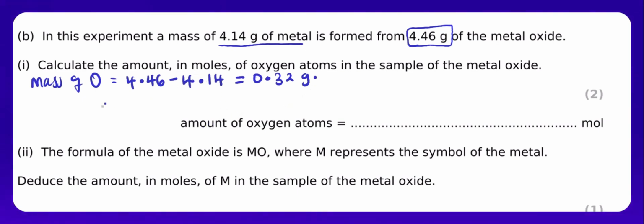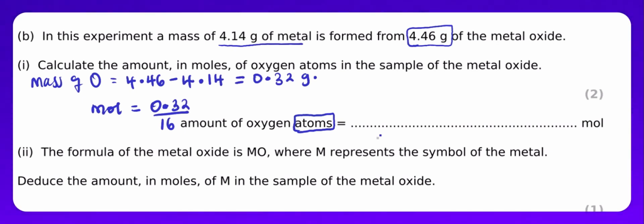The number of moles will be equal to the mass, which we already have, 0.32, divided by 16. The reason we are dividing by 16 is that we are dealing with oxygen atoms and not the gas, because the gas is in molecular form. So you divide by 16, and our answer turns out to be 0.02 mole.